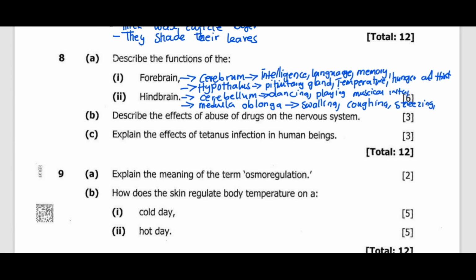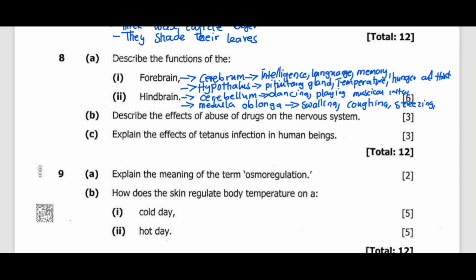Then heart rate, even blood vessel diameter, because the diameter of blood vessels changes depending on the temperature. Like we have vasodilation, we also have vasoconstriction. So that changes and it's automatic, it's controlled by the medulla oblongata.